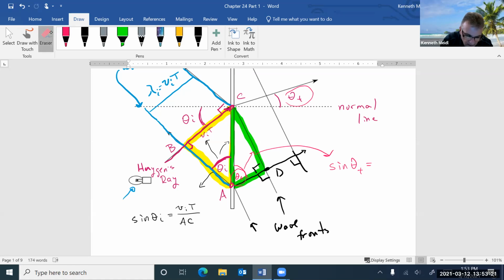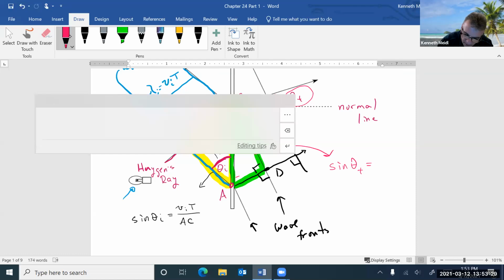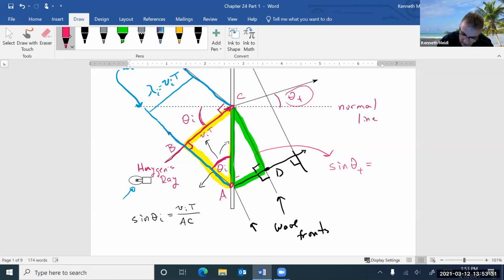Let me think about that some more. This angle here is the transmitted angle, that one right there. That's the one that's going to be the same as this one. I can see a right angle there, and a right angle there. Yep, that's the right one.